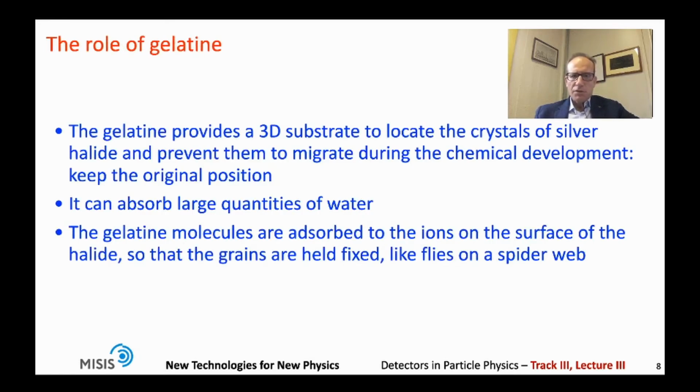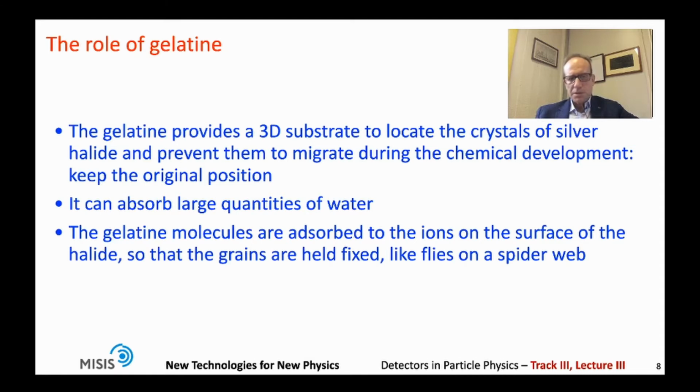The role of the gelatin is indeed to provide a three-dimensional substrate to locate the crystals of silver halide and prevent their migration during the chemical development. This is very important to keep the original position, because otherwise this would deteriorate the position resolution.